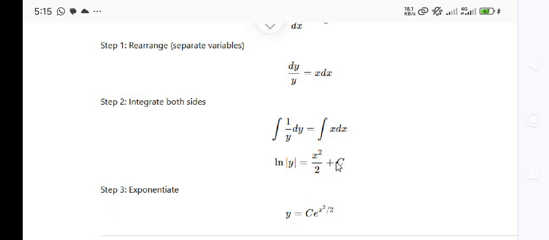So in this case, it will be exponential x squared over 2 times exponential c. And the exponential c is just a constant of its own. So you can just put it as another c again, or you can leave it the way you have done it before. It's still correct that way. That's exponential x squared over 2 plus c, which is the safest way to do so, so the whole of this will be on the power. You can leave your answer at that point. It's still okay.